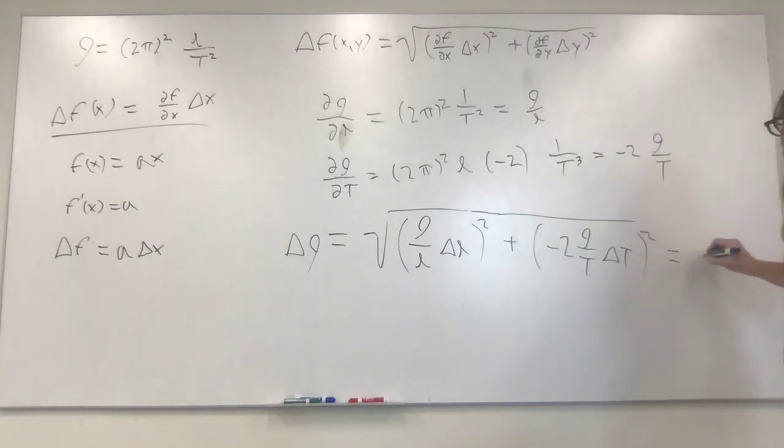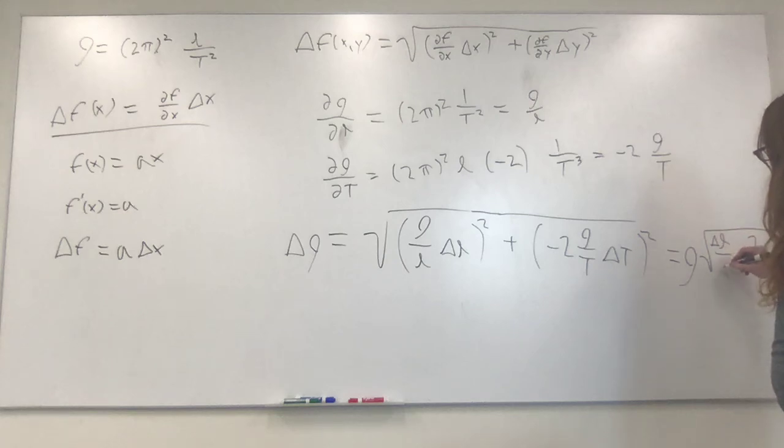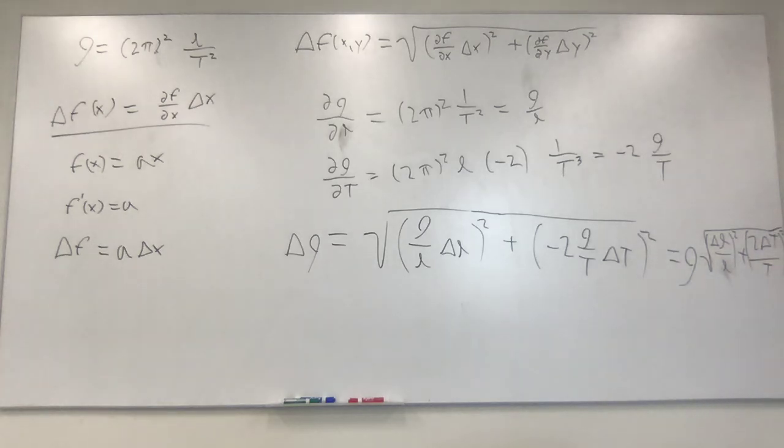So what we say is that this is g times the square root of delta L over L squared plus 2 delta T over T squared. And that is the equation that you will use in the lab.